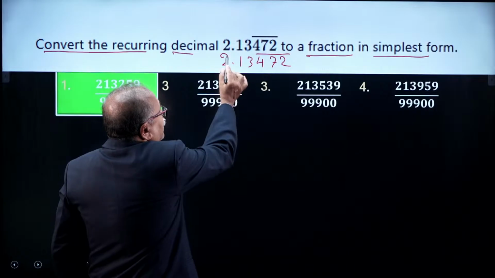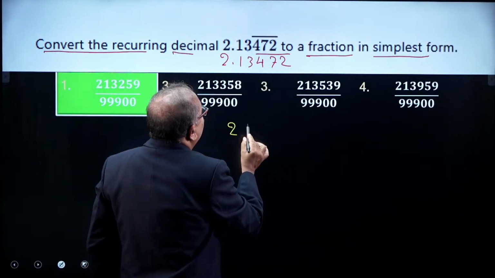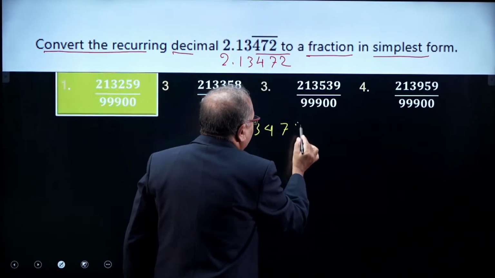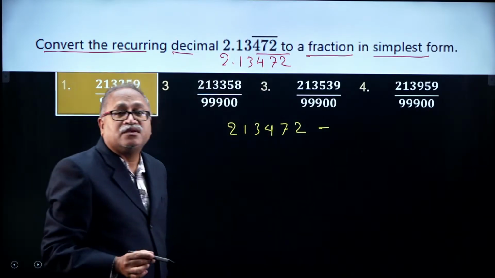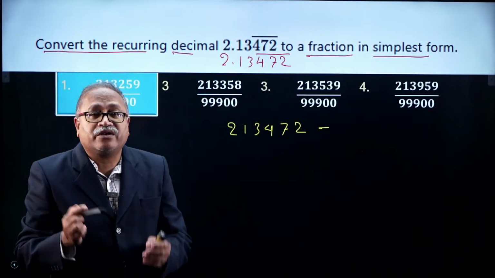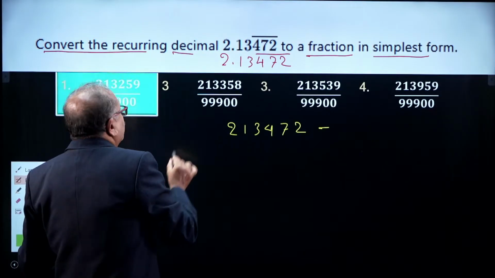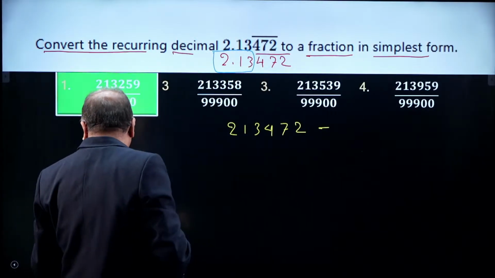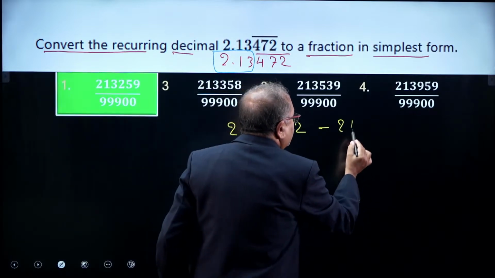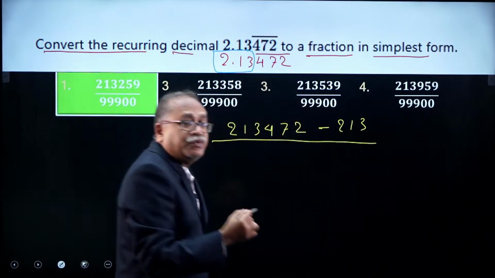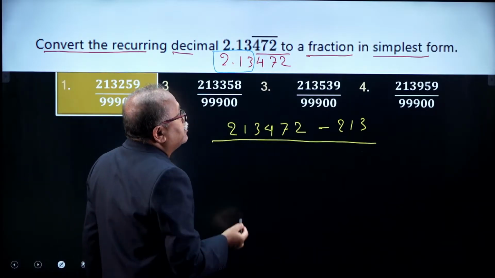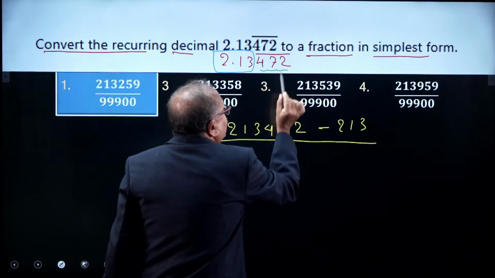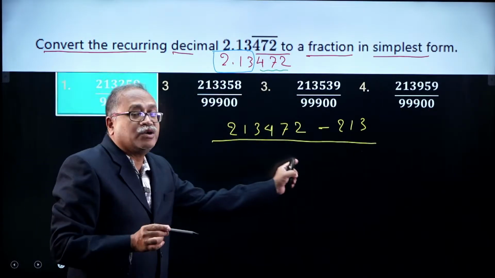How do we answer this question? We write the whole entire number 21,34,72 minus the number without the bar. What is the number without the bar? The number without the bar is 213. So we subtract this 213 from here, and we put the 9s in the denominator. How many 9s? The number of digits under the bar should be equal to the number of 9s here.